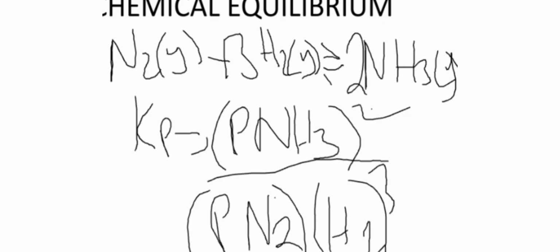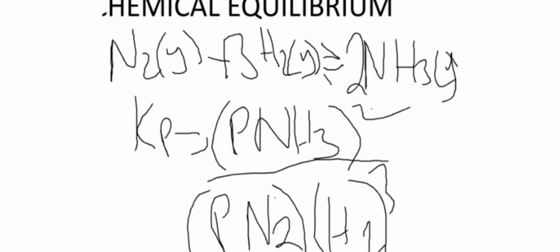Now, what you can notice here, the difference between Kc and Kp, instead of putting the square brackets, we are just using the normal brackets, and we are introducing the P. P meaning the partial pressures. So this is how we represent the Kp. So we use pressure instead of concentration, and the coefficients still become powers.